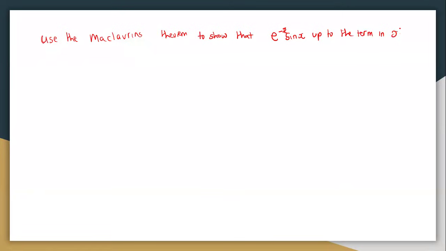Let me say they ask you: use Maclaurin's theorem to show that e power negative x sine of x, up to the term in x cubed, is x out of 3 into x squared minus 3x plus 3.